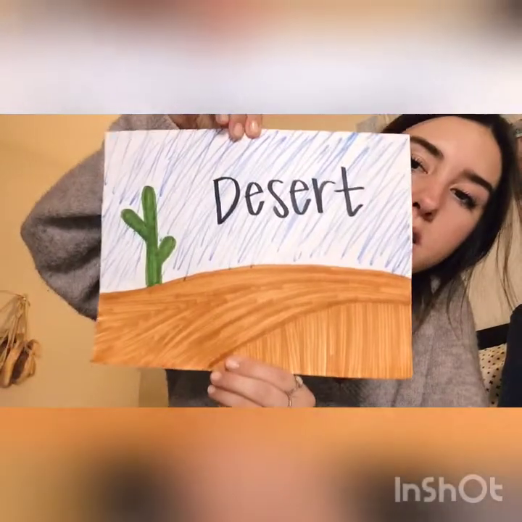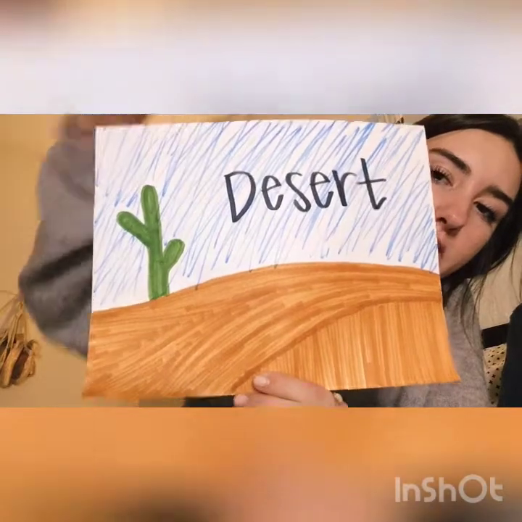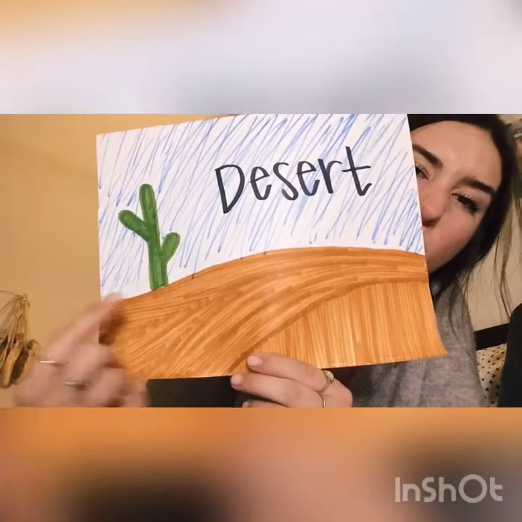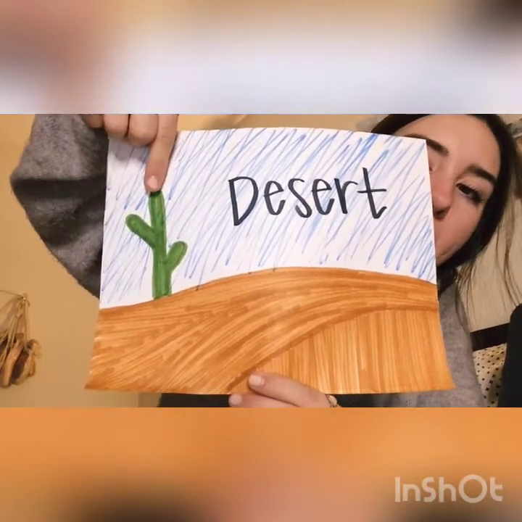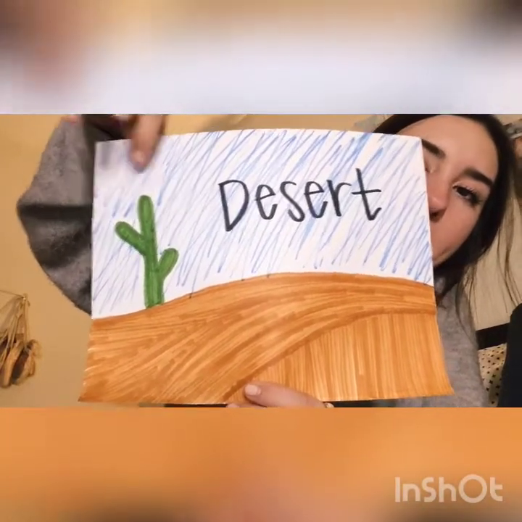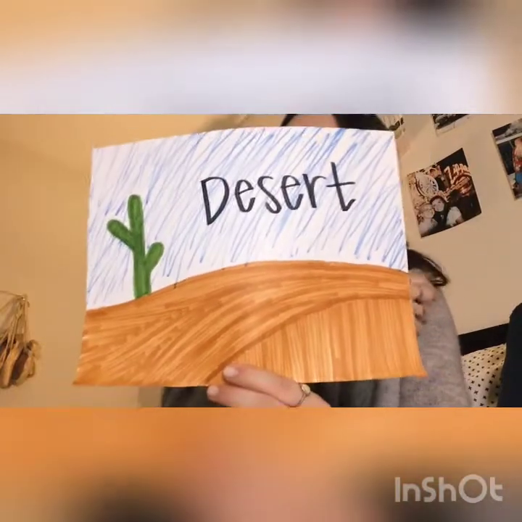And the last one that I have for you guys is the desert. So the desert is super dry. There's not a whole lot in the desert, not a whole lot of plants, but there are cactuses and pretty blue skies in the desert as well.